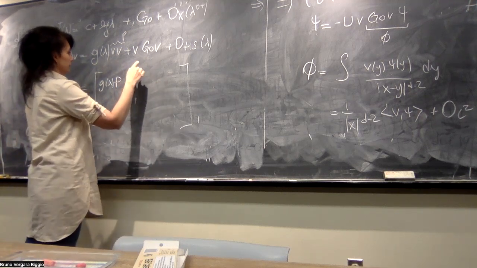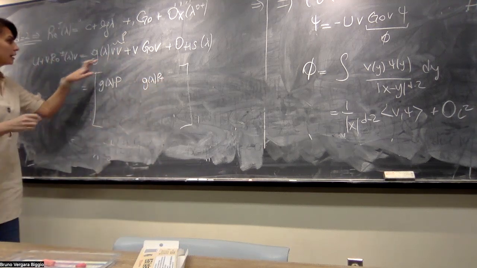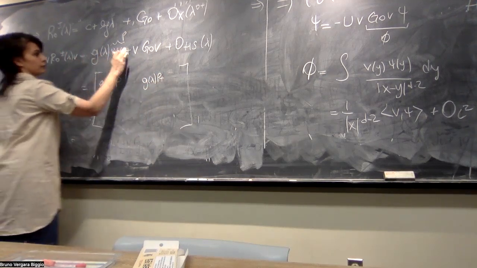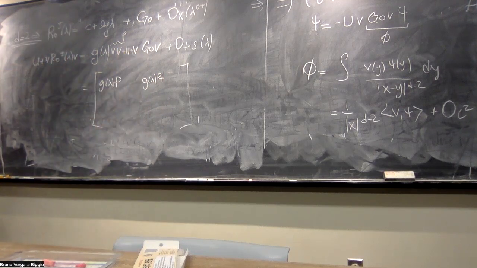So I will have G lambda P plus, I also have U, right? I forgot to put this here.